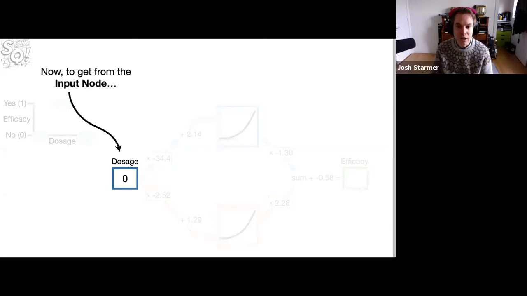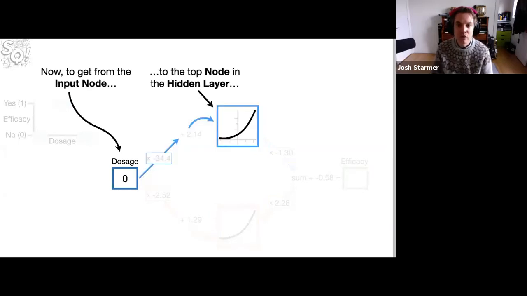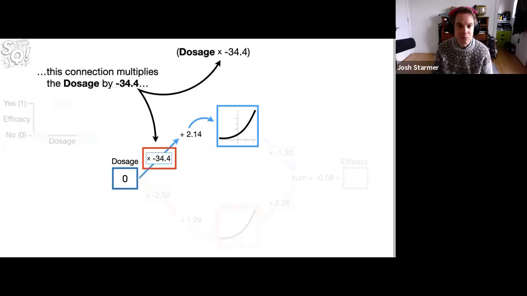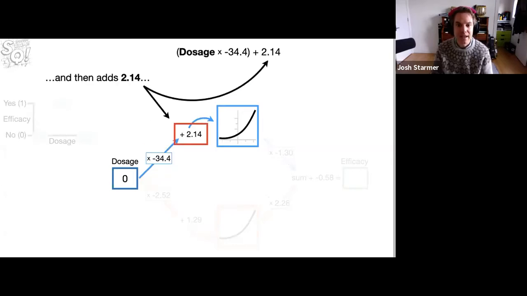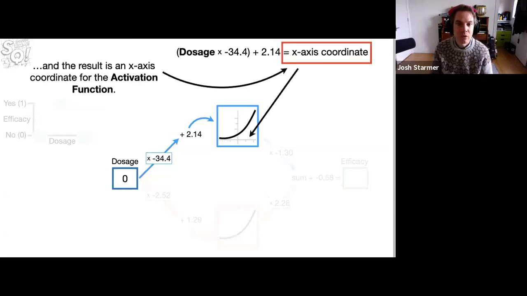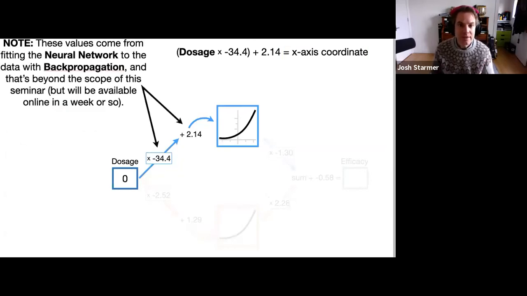Now, to get from the input node to the top node in the hidden layer, this connection multiplies the dosage by -34.4. And then it adds 2.14. And the result is an x-axis coordinate for the activation function. Note, these values come from fitting the neural network to the data with backpropagation.